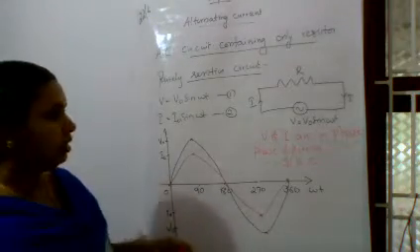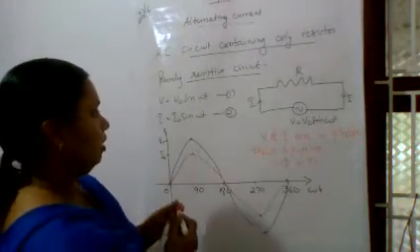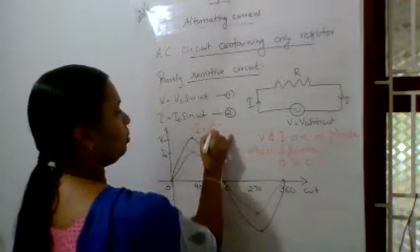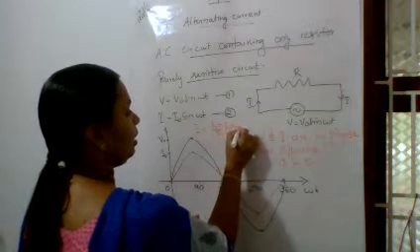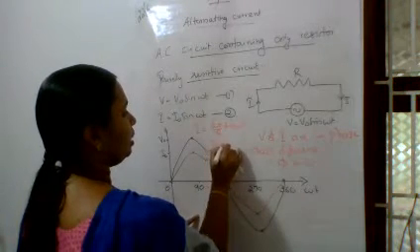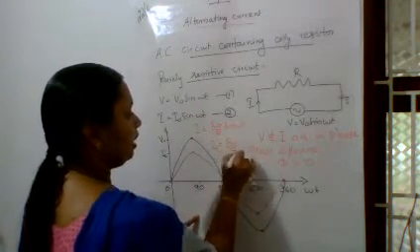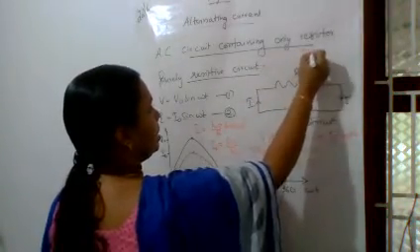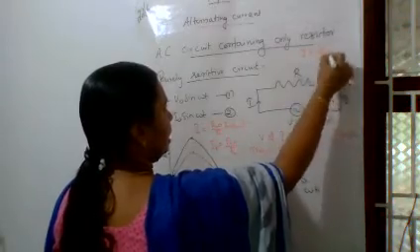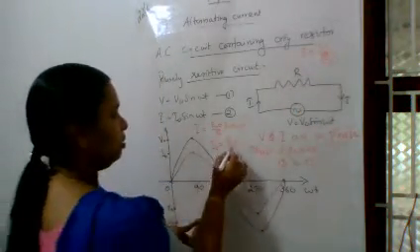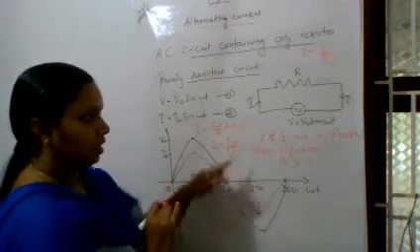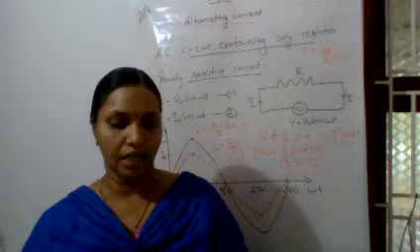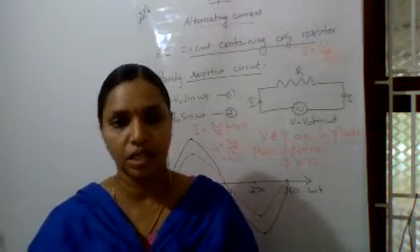Here we can write how we got this: V = E0 sin omega t divided by R gives I = (E0/R) sin omega t. So I0 is equal to E0 by R. Comparing with the Ohm's law equation, I = V/R, what is this R? R is the resistance. It is the opposition for the AC in a purely resistive circuit.